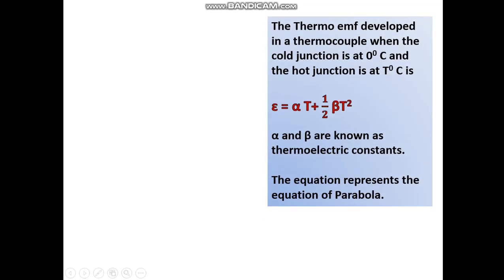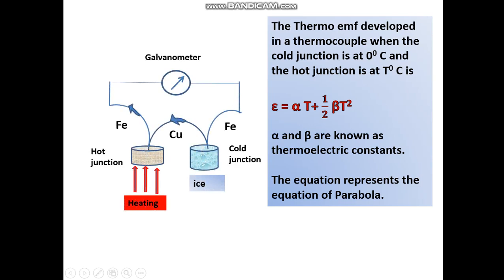The equation for the thermo-EMF developed in a thermocouple when the cold junction is at 0 degrees Celsius and the hot junction at T degrees Celsius is epsilon equals alpha T plus half beta T squared. Alpha and beta are known as thermoelectric constants. The equation represents the equation of a parabola. Another example of a thermocouple is a copper-iron junction. So that's it.